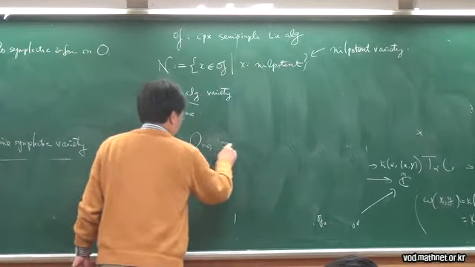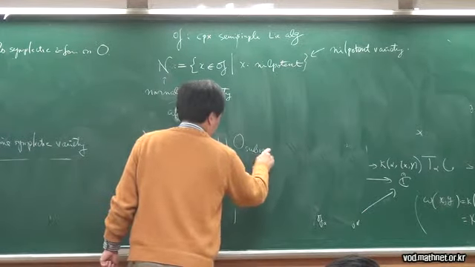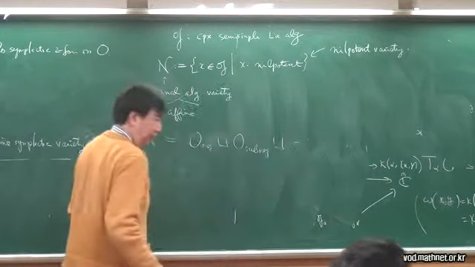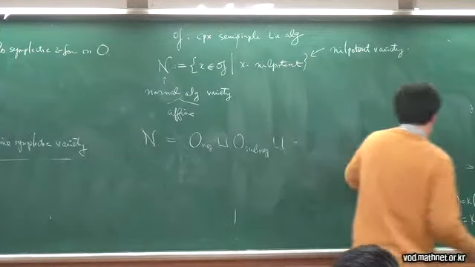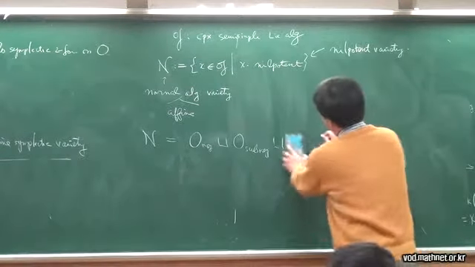So we have a stratification into a disjoint union of nilpotent orbits like this.